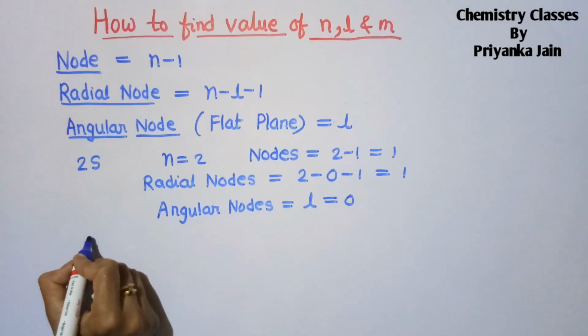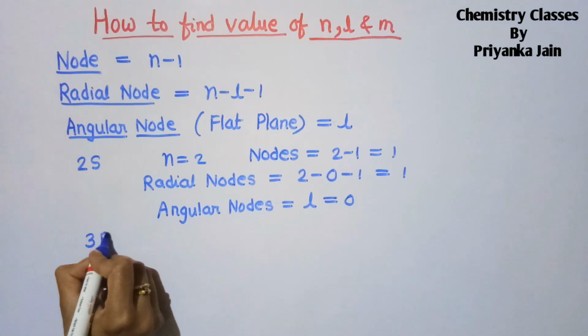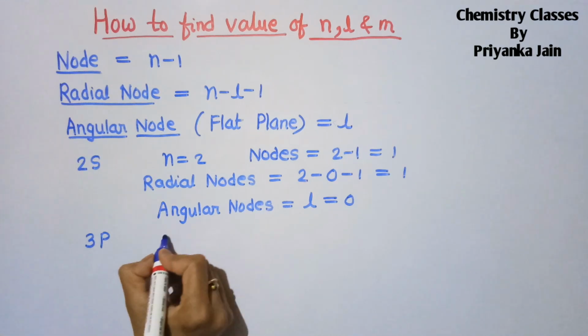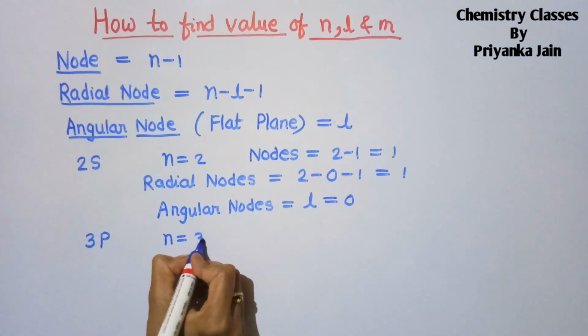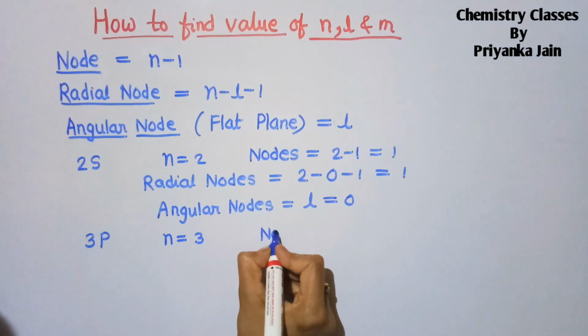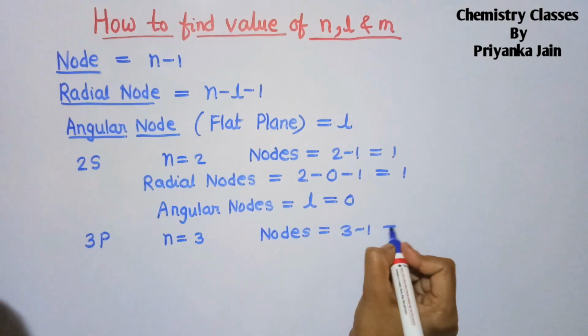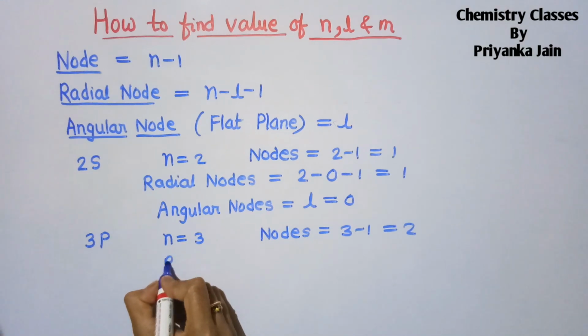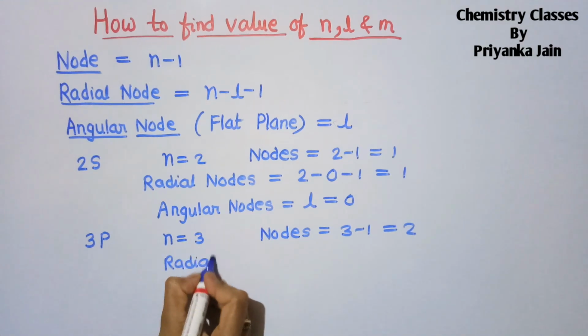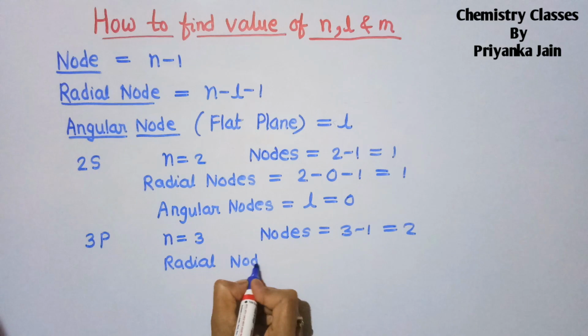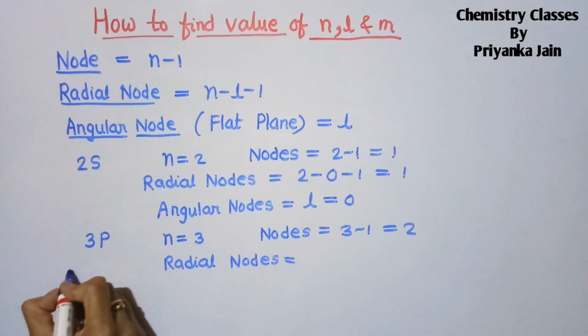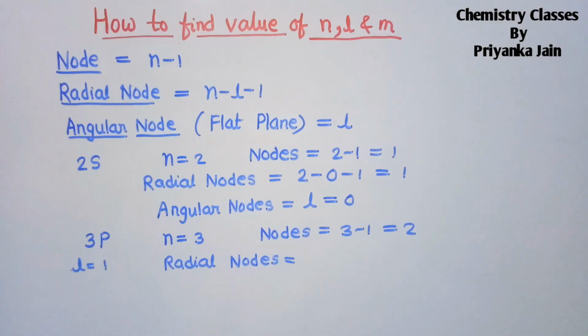Now see another one, the 3p orbital. Here the value of n is equal to 3, so the total nodes are 3 minus 1, which means 2. Now see the radial nodes. Here l is equal to 1 for a p orbital.